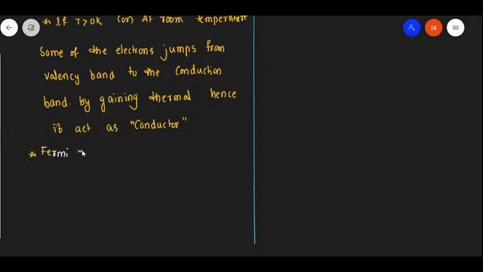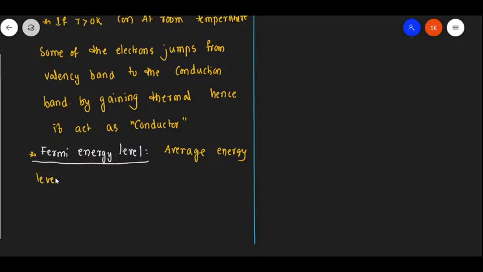What is the definition of the Fermi energy level? It is the average energy level occupied by the free electrons present in the average energy level. I will explain, don't worry.